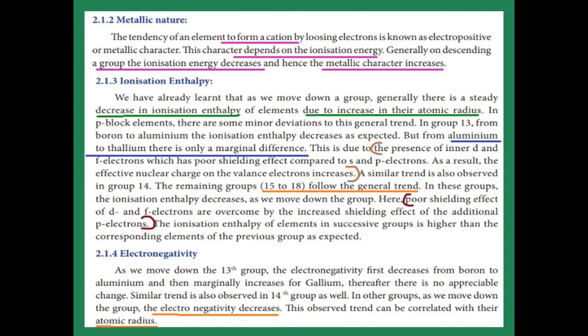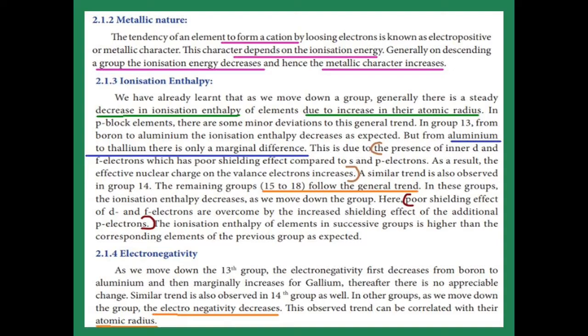Next, ionization enthalpy. What is ionization enthalpy? The energy required to remove the electron is called ionization enthalpy. Group-wise, the decrease in ionization enthalpy is based on atomic radius. Group-wise the atomic radius increases, so the ionization enthalpy decreases.